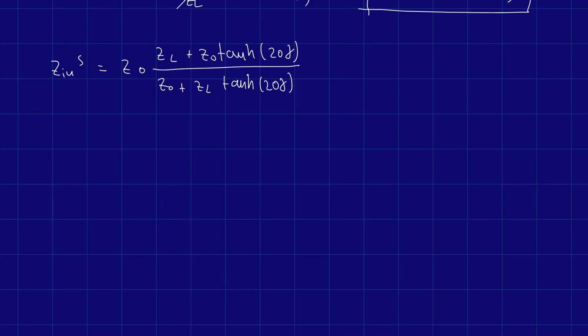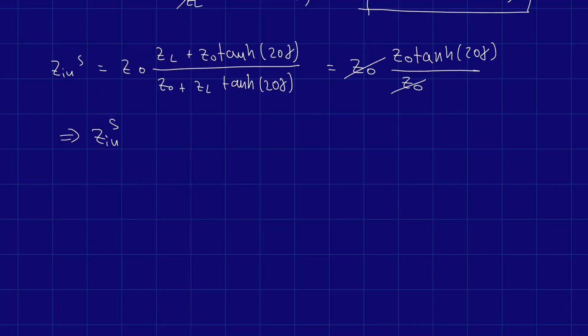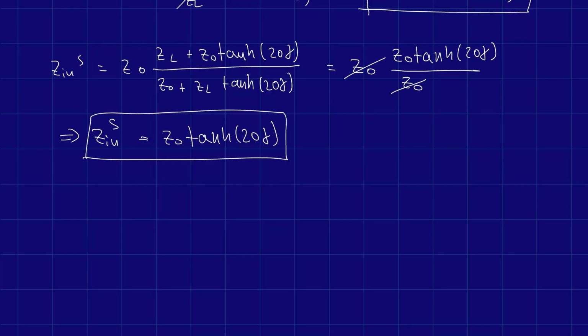So we can just substitute ZL equals 0, and that is Z0 times Z0 hyperbolic tangent of 20 gamma divided by Z0. These two cancel out, and then as a final result we have Zin-S equals Z0 hyperbolic tangent of 20 gamma.